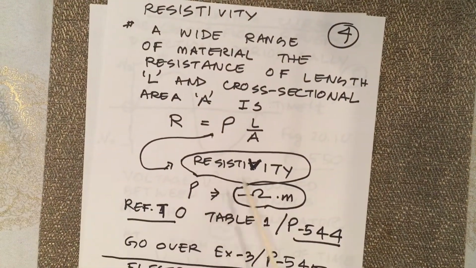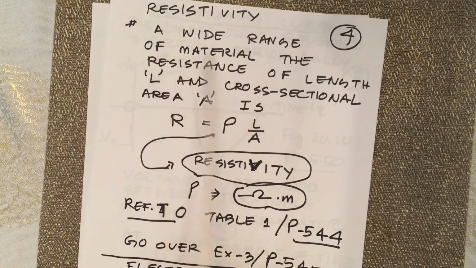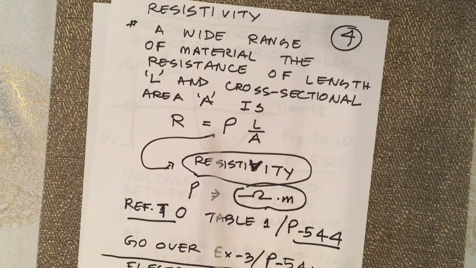Now let's define what resistivity is. Let's say there is a wide range of material we take from different lengths, let's say 1 meter, 2 meter, 3 meter and 5 meter. We can represent that as L, with a cross-sectional area of A. We have an equation, as you see, R equals rho times L over A. This rho is a constant, which is known as the resistivity of the material.